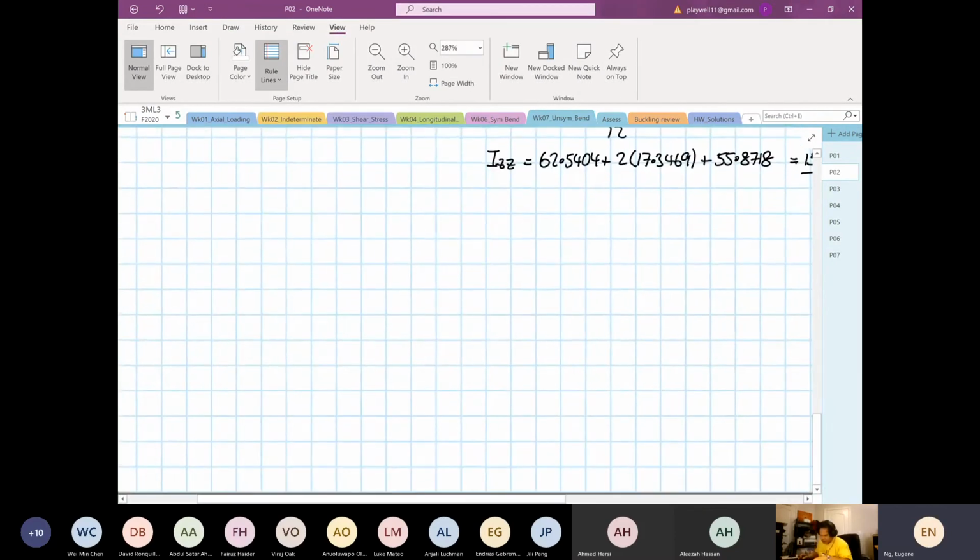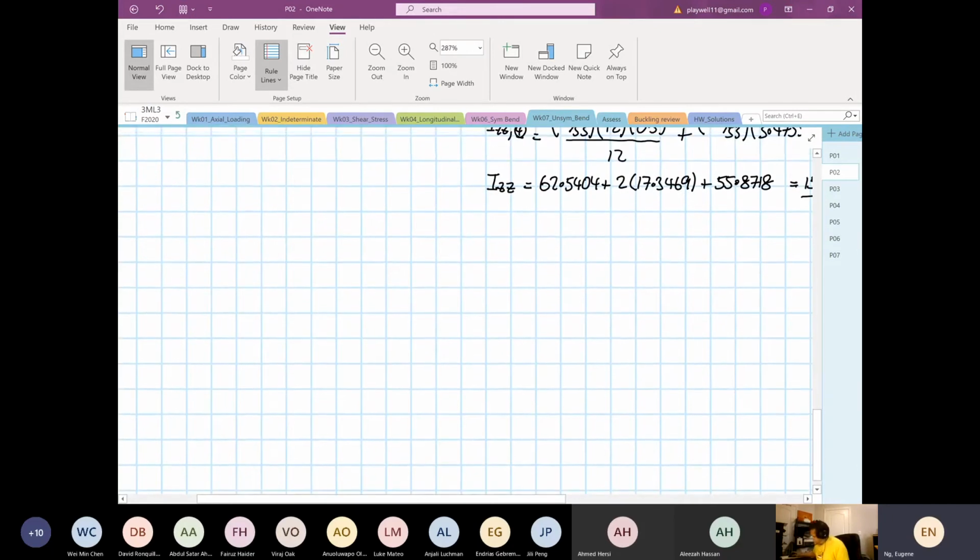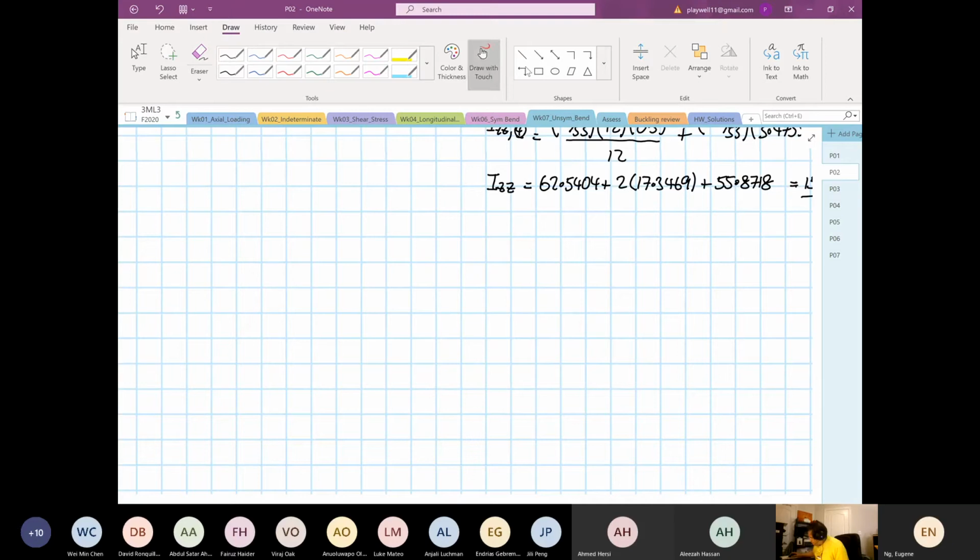If we look at the structure now, this is how our structure looks.